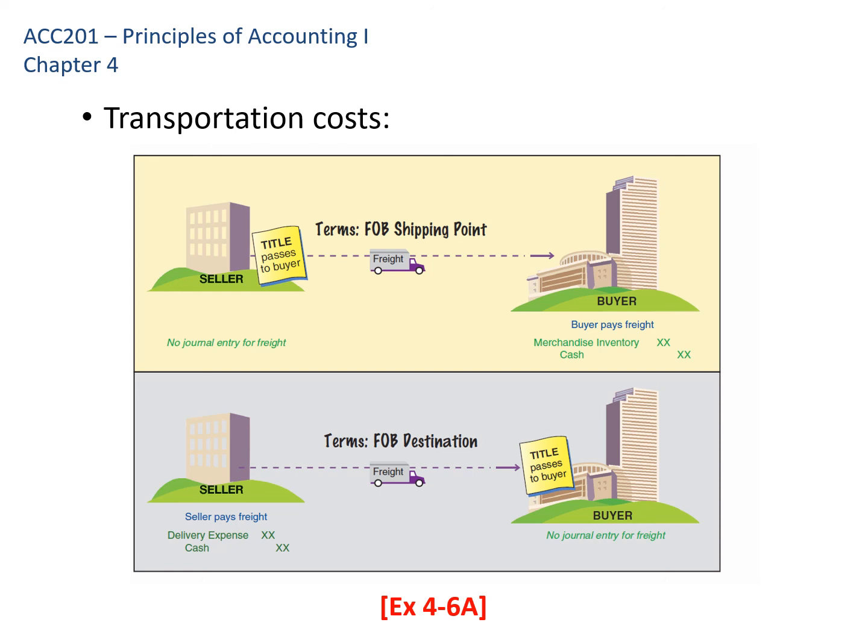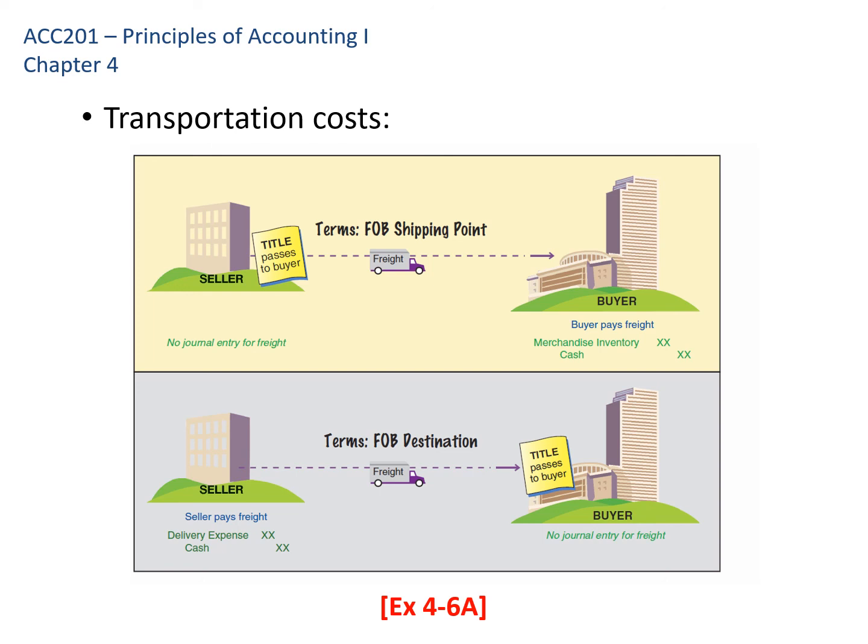So if we bought a bunch of Econ 201 books from PLU and it was FOB shipping point, those become our products the minute that they cross the loading dock and get put into a truck. The cost of getting it to me, to the buyer, is the buyer's responsibility because it stops being the seller's goods the minute it gets put into a truck. If that truck crashes on I-5 and the books burn up, that's the buyer's problem, not the seller's problem.